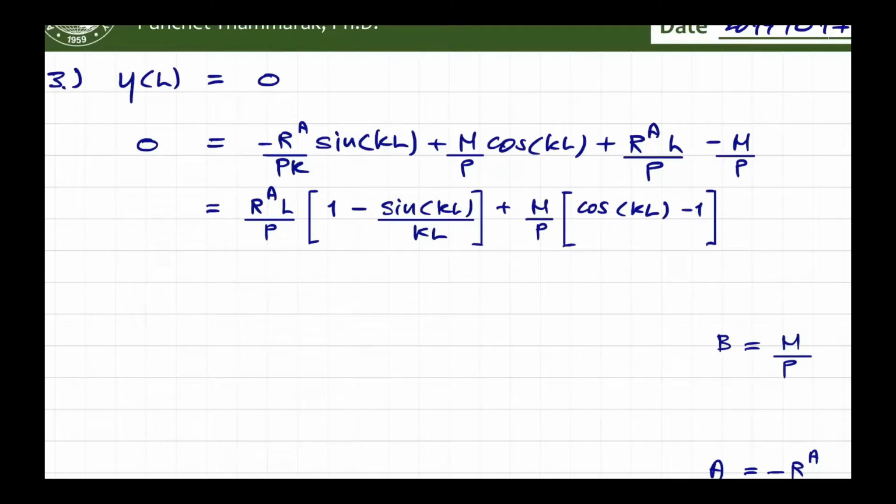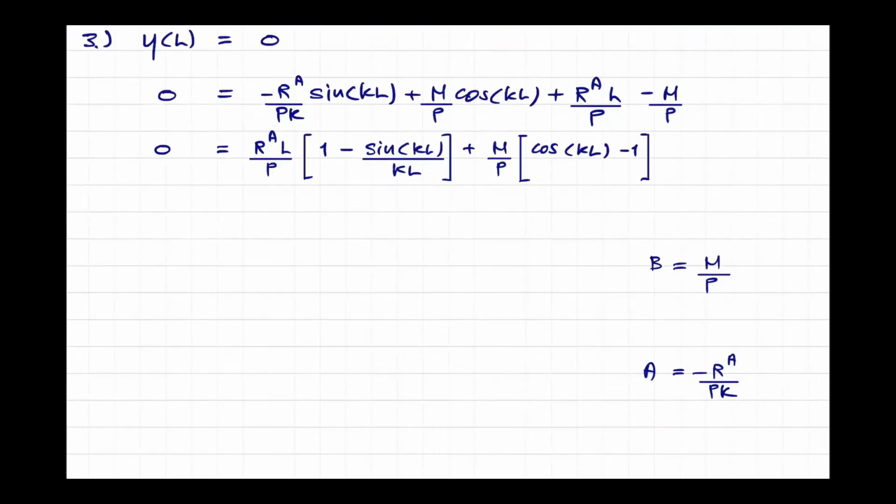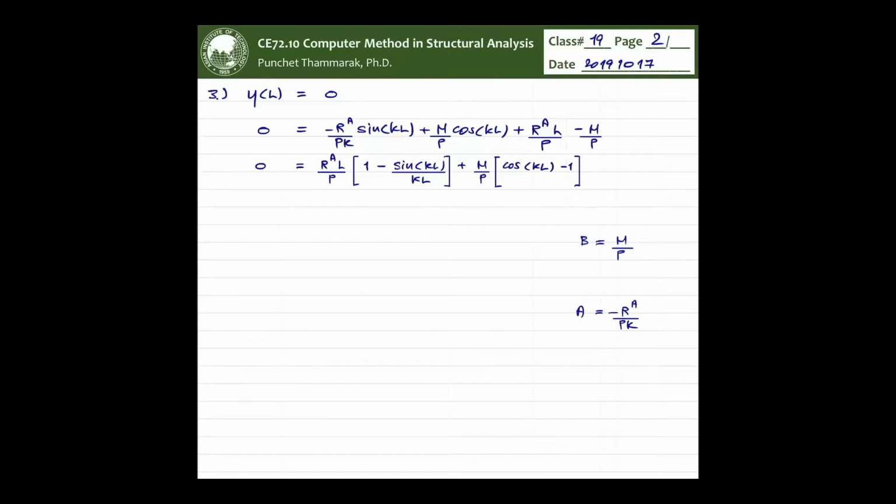Looks good. So you'll be able to express RAL over P in terms of M over P. You can just cast the relationship between these two things.